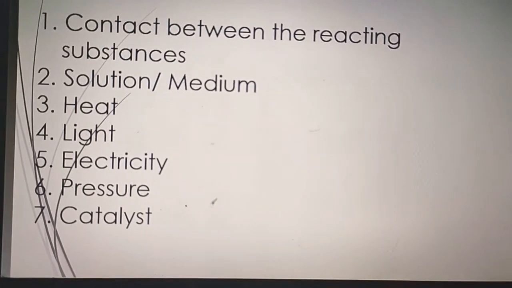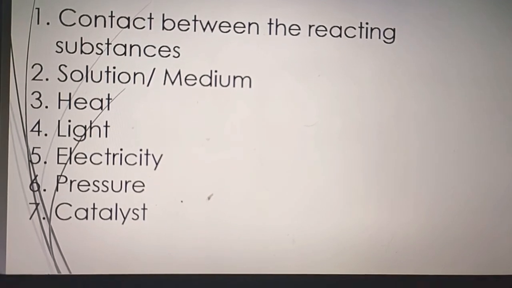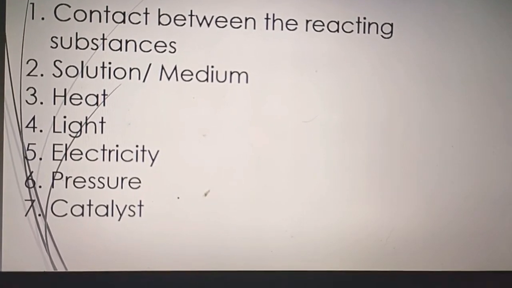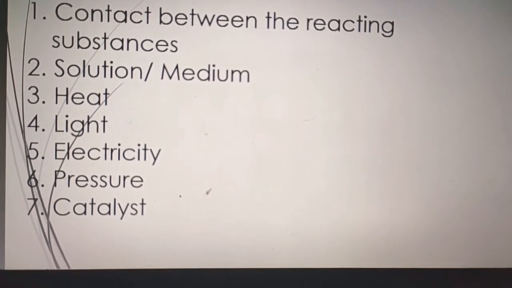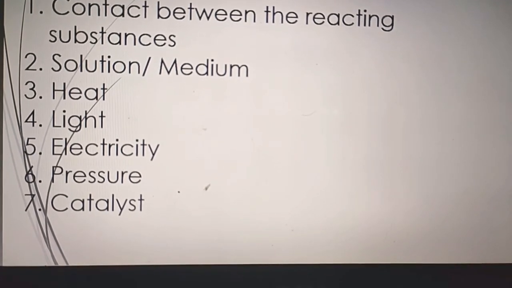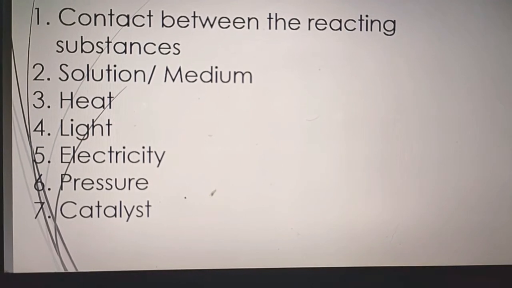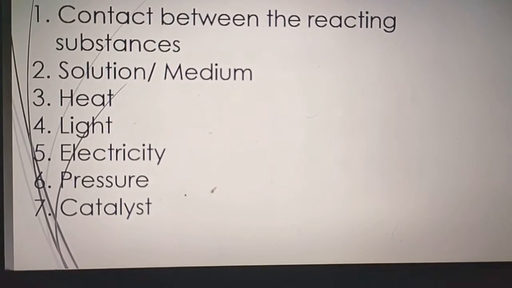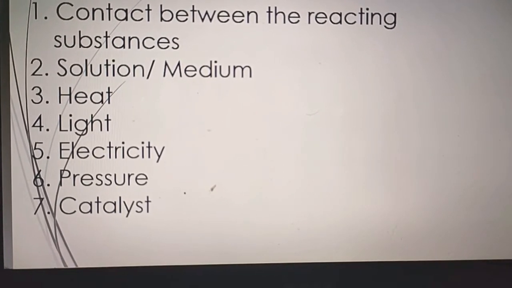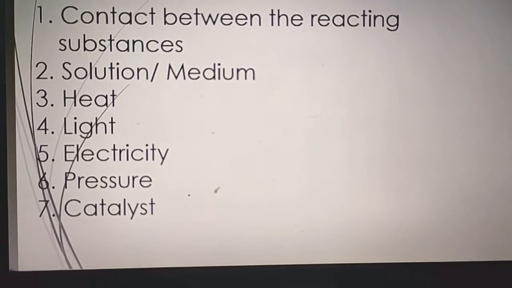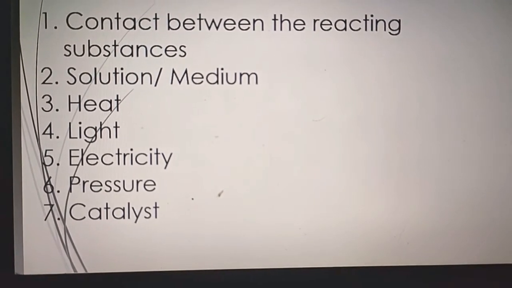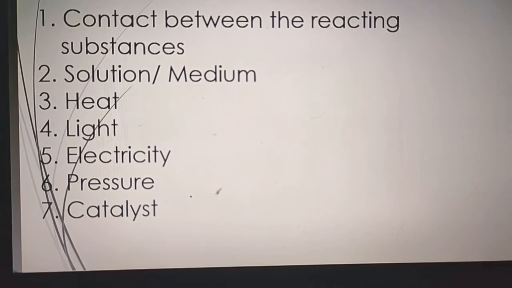One more reaction, a color change reaction: when you heat red lead oxide, it changes into yellow lead monoxide. That reaction also occurs when you supply heat to the substance.